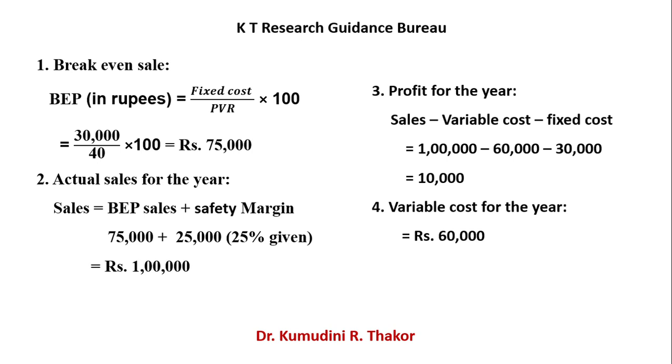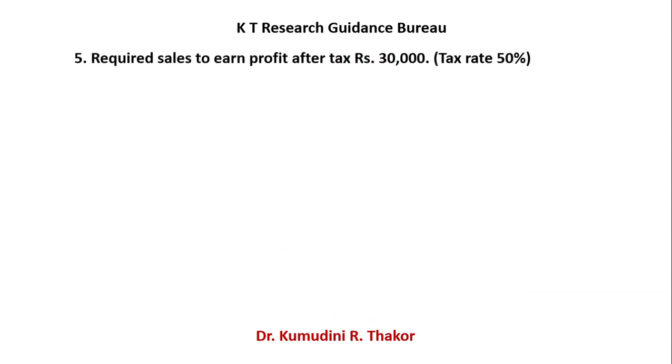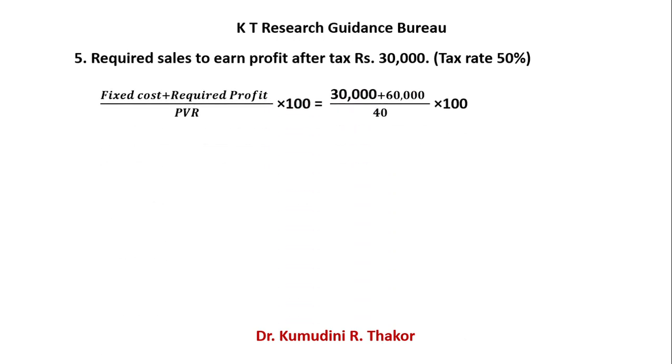In fifth one, required sales to earn profit after tax 30,000. Now keep in mind, fixed cost is given and P is after tax 30,000. So obviously before tax it is double than that one, 60,000, because 50% is the tax rate. So how we can find out?